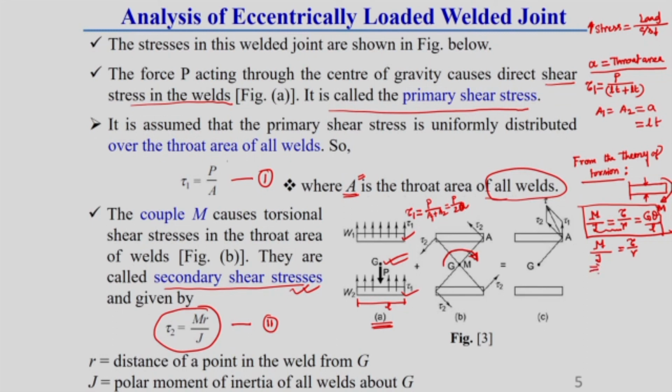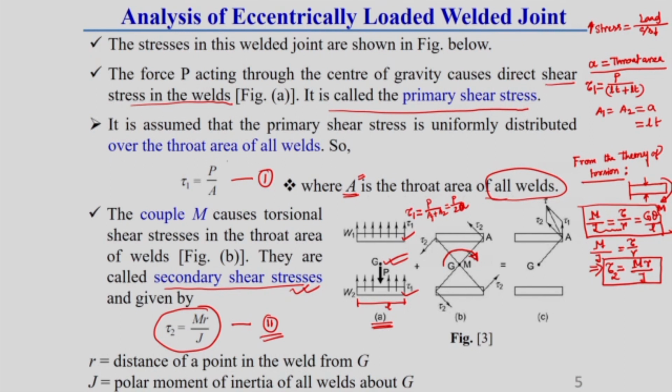So, we can write tau equals M r by J. This relationship is very well known to you. This is what I am representing in equation 2. That means this secondary shear stress, which you can represent as tau 2, equals M r by J.